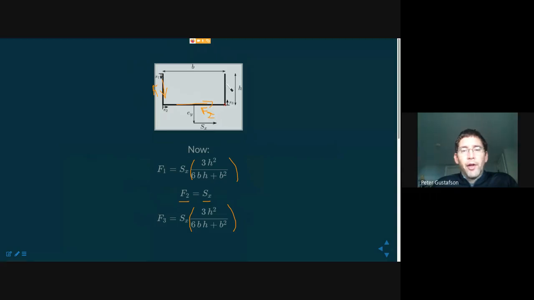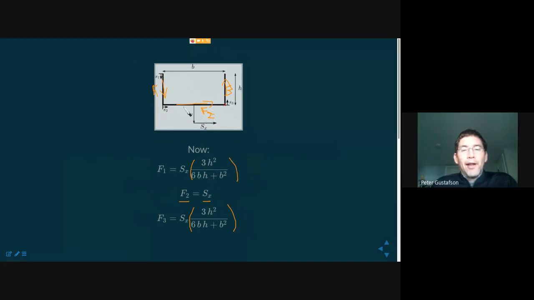This is F2, and then F3 was here. So immediately what we see is F1 and F3 are equal in magnitude. By the convention that we use, this one was down and this one was up, and they cancel each other. So that's a good thing. There is no y component of force present in this structure in its resultant. So these two forces have balanced each other out.